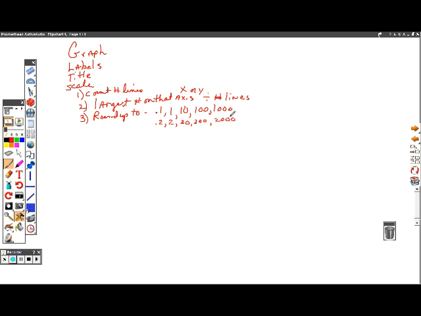It might be a smaller number. Or on one of your graphs, it was a 0.5, a 5, a 50, a 500, a 5,000. I call these multiples of 1, 2, and 5.